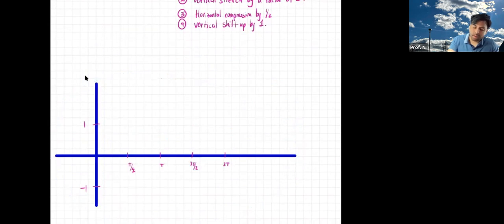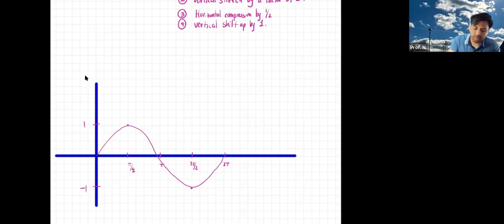Okay. So sine, what does sine look like? Sine looks like something like this. This is a regular sine curve. But now what are we doing? We're going to be stretching it by 2, flipping it. So flipping it first, stretching it by 2, compressing it by 2, and then shifting it up by 1.